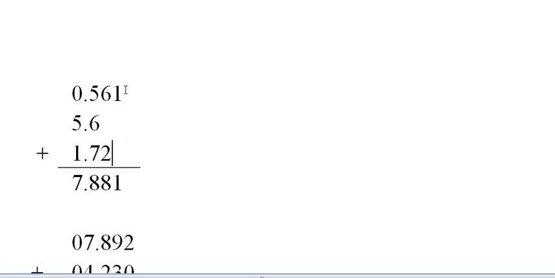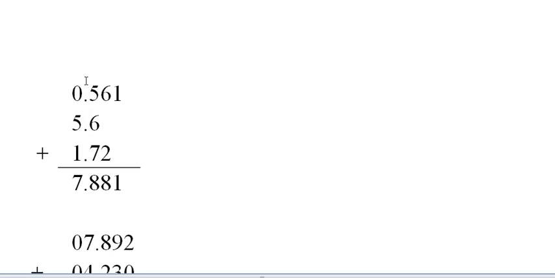Now what you do is that here you have to understand that these decimal points should be in one single straight line, because this will guide you while doing the addition or subtraction.